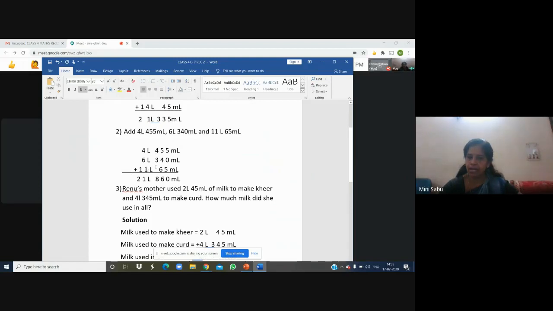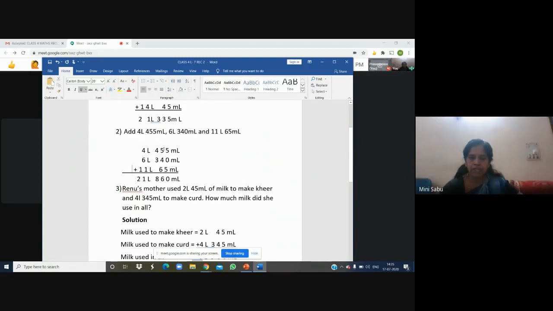See how I have arranged according to the places. Here a little bit difference is there. 4, 6 and below 6 this one should come, and this one is in tens place. Okay. Now when you add 5 plus 5 is 10, carry over 1.